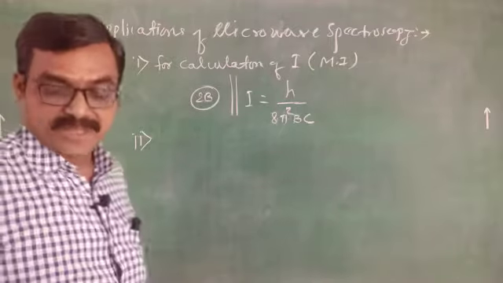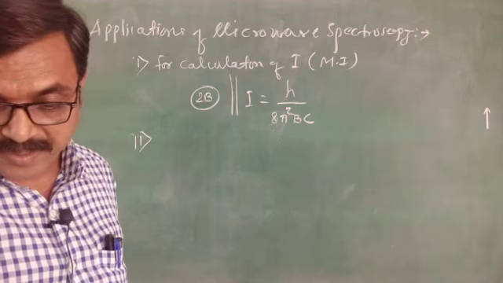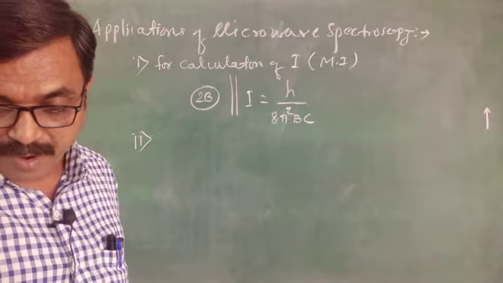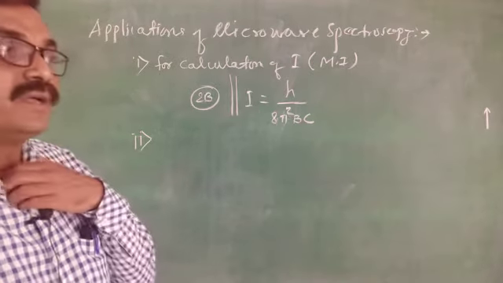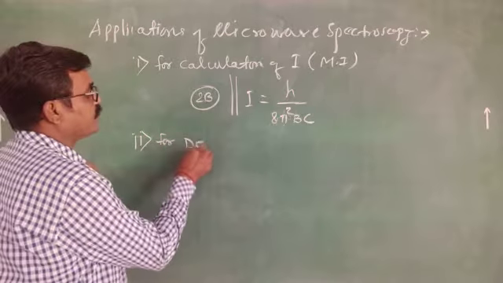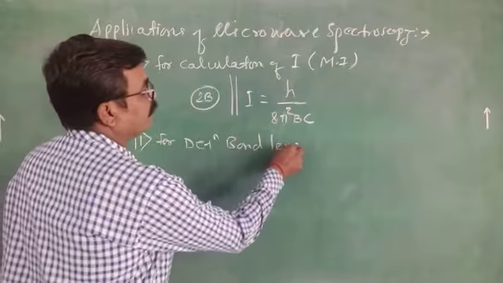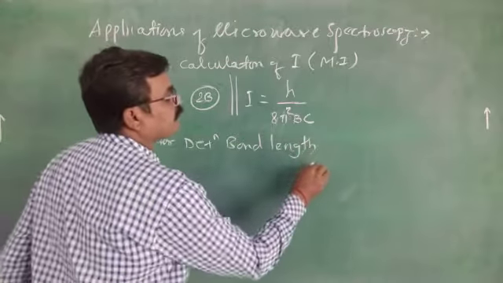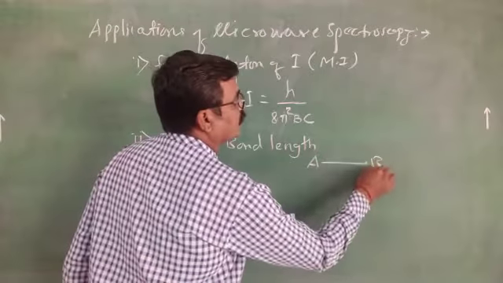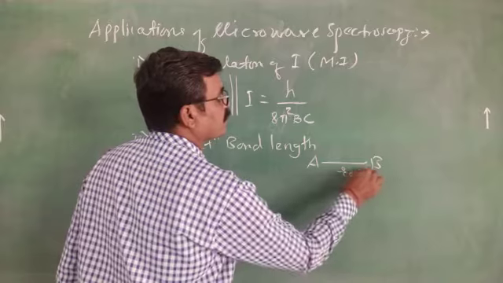And the second, very important application is that this microwave spectroscopy is used for the determination of bond length of a heteronuclear diatomic molecule. If we have such a molecule, then this internuclear distance is r0, and this is the bond length.